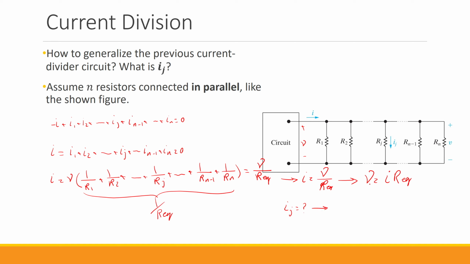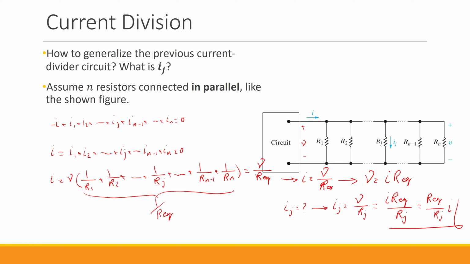Since we have the equation for V now, Ij equals V over Rj, or I Req over Rj, or Req over Rj multiplied by I. So this is how we can generalize the simple two-resistor current divider circuit into having more than two parallel-connected resistors.